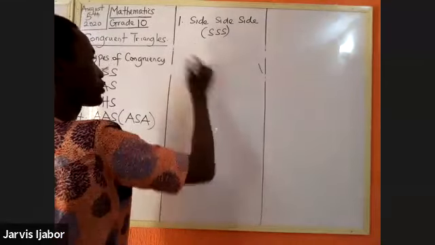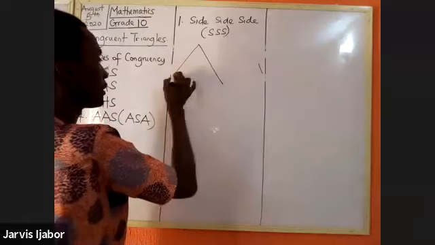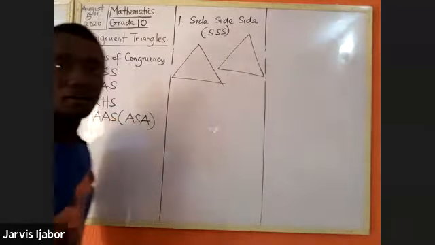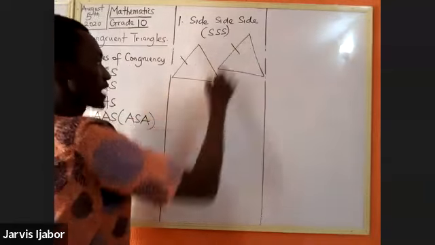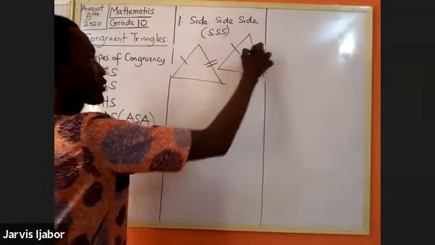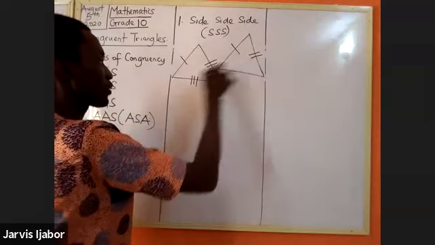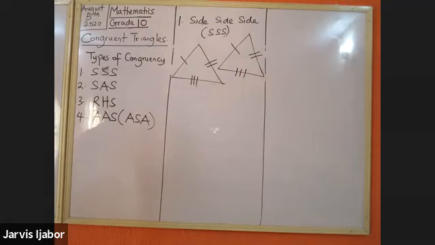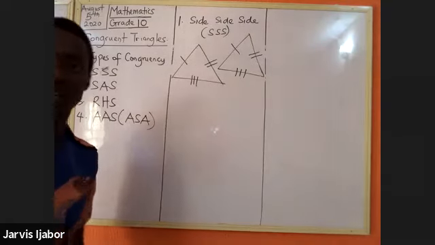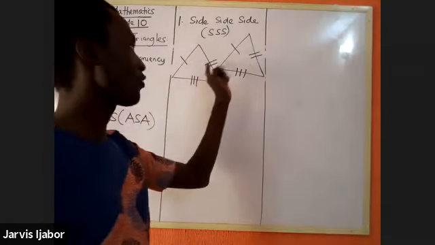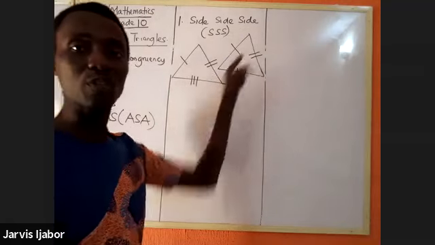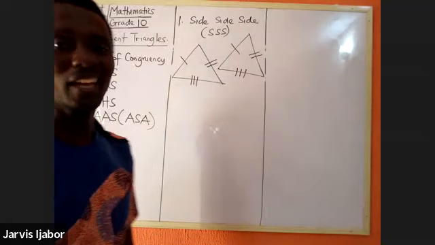So let me be very careful with my drawing. Remember, this side is equal to this side, this side is equal to this side, and this side is equal to this side. The three sides are equal. This is what side means. If the sides of one correspond to the sides of the other figure, we say that they are congruent in relation to what?